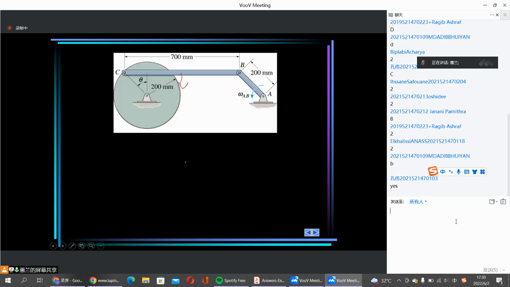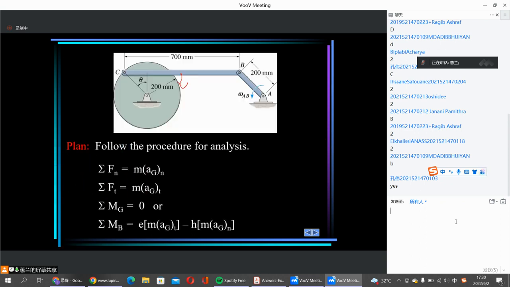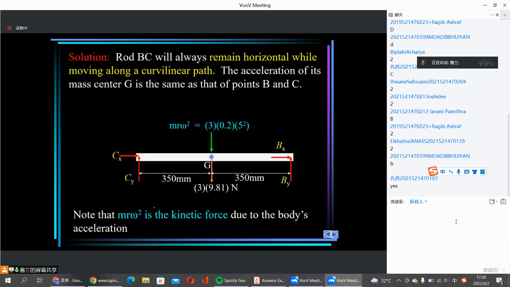So accordingly, in the normal direction, the normal component of the real force will equal MAGN, in the tangential direction, and sigma MG equals 0, right?